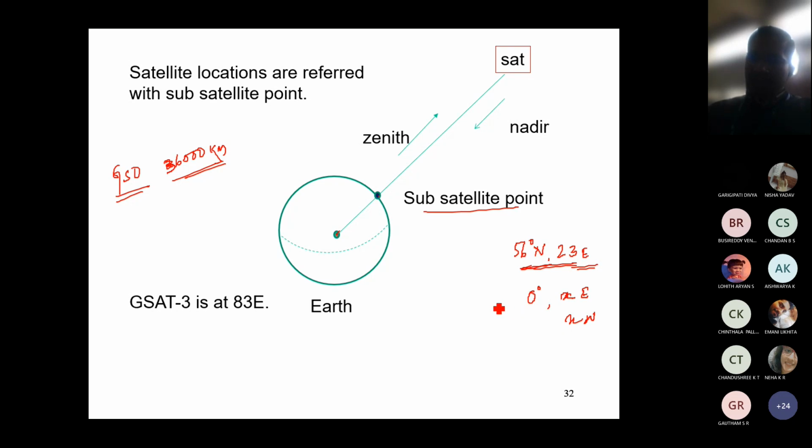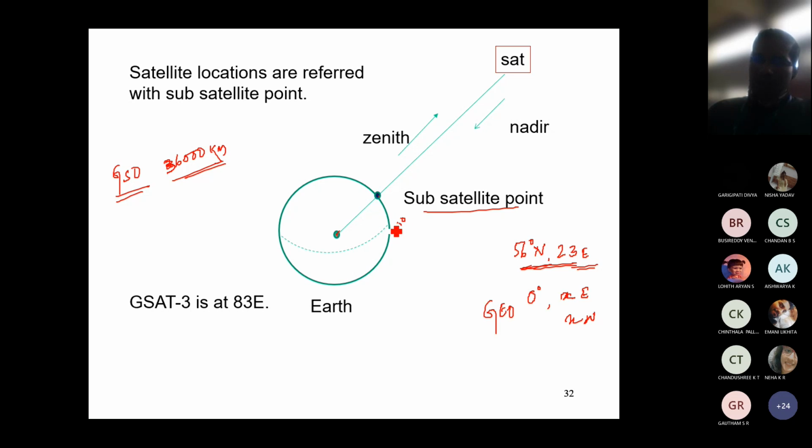All geostationary satellites will have 0° latitude. Why is it so? Because the geostationary satellites are rotating over the equator, and the equator has 0° latitude. So this dotted line represents the equator. It has 0° latitude.